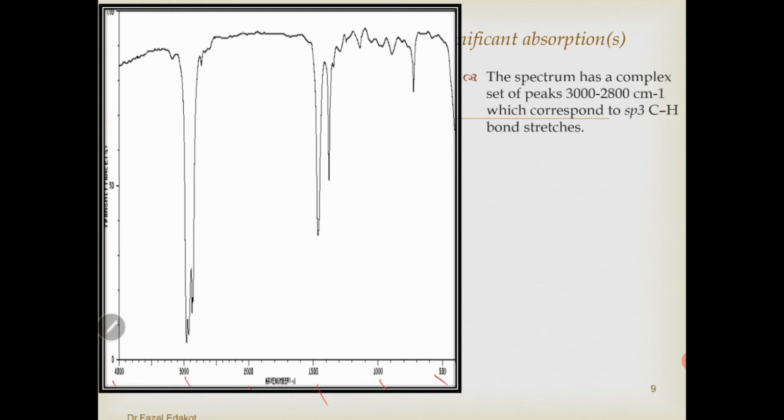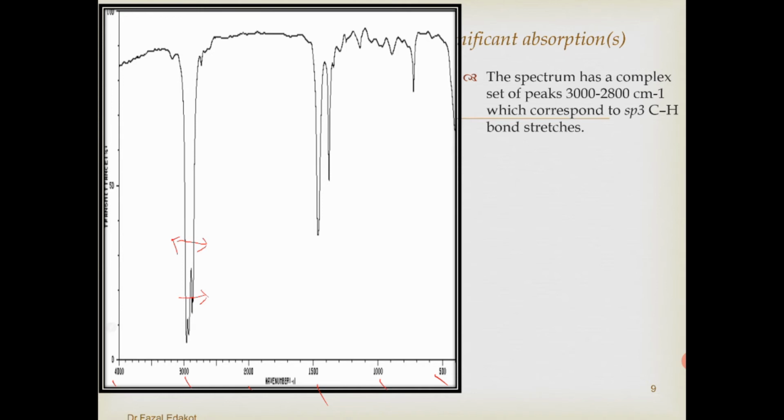Let's see. The spectrum has a complex set of peaks from 3000 to 2800 per centimeter, which correspond to sp3 C-H bond stretches. It's a bit complex. All these peaks correspond to sp3 C-H bond stretches.